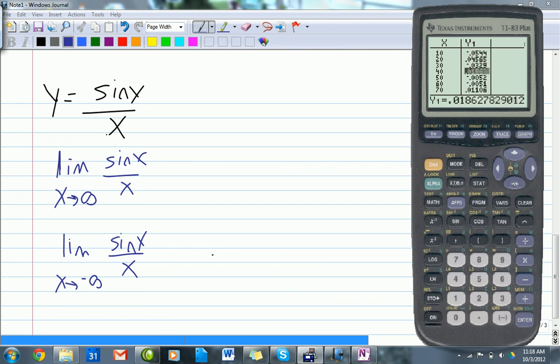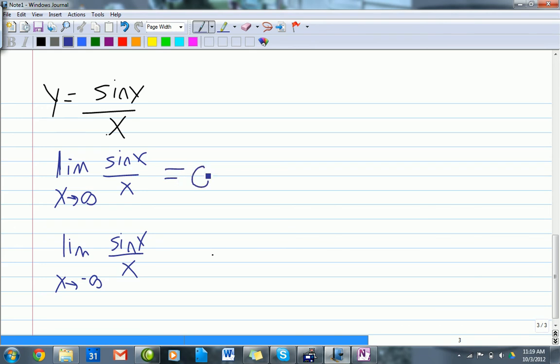So here we can see x heading towards infinity. We're at x equals 130. What does our y value appear to be doing? What one number do you think it's heading towards? If you said 0, that's correct. So the limit as x goes to infinity of sine x over x is 0.